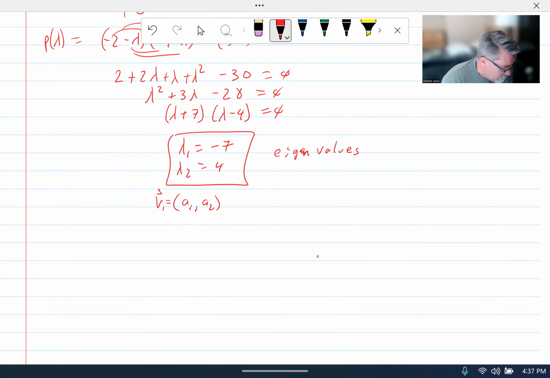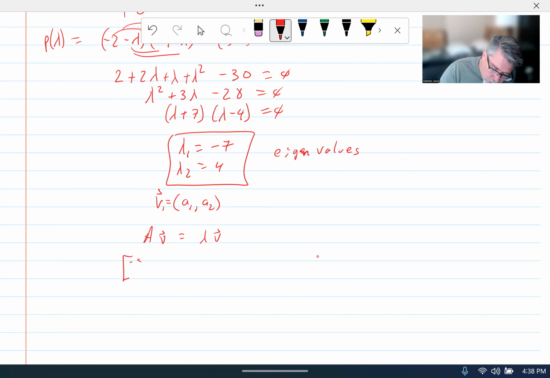Remember, the equation we want to work with to find our eigenvectors is AV equal to lambda V. So what was A?